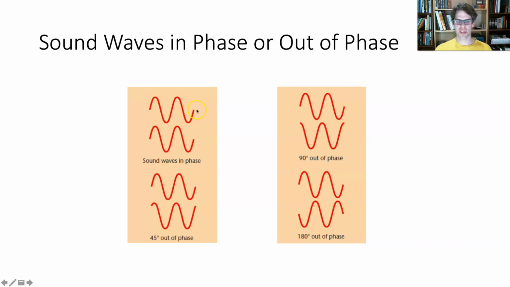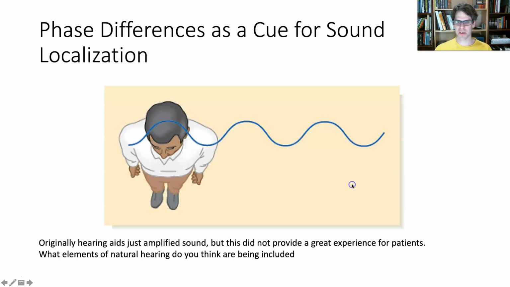If sound was coming from the front, it should hit both ears at the same time, and that sound should be what we would call in phase. It should be identical. However, if sound is not quite coming from the same direction, then they will be slightly out of phase. And how out of phase they are will tell you which direction they're coming from. That should be good enough for our purposes.